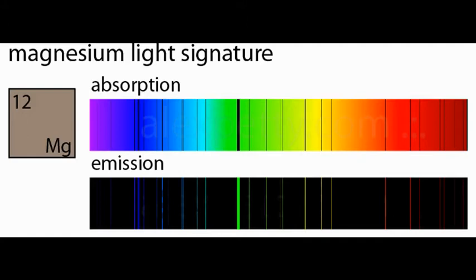On the bottom is the emission line spectrum that we see through a spectroscope while burning magnesium in the lab, as just demonstrated. This emission line spectrum consists of thin, bright lines. At the top is the absorption line spectrum we get when we capture the Sun's light with a spectroscope. The dark lines that break up the otherwise continuous spectrum are called absorption lines.